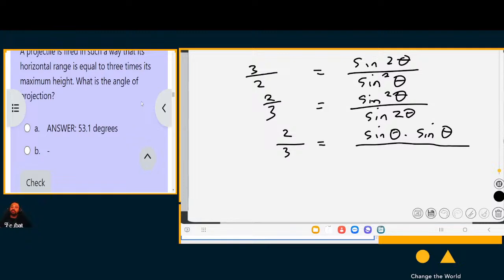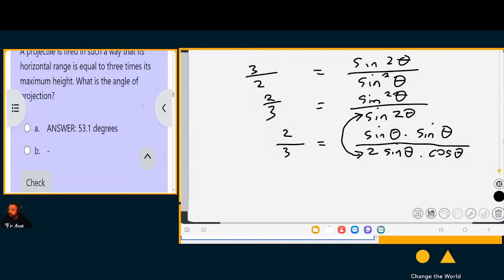Now, sine 2 theta is an identity. And there are 3 different ways of writing out this identity from high school math. But the easiest one, or the one you can work with now, is that sine 2 theta is equal to 2 sine theta multiplied by cosine theta. This formula here is exactly the same as this one here.